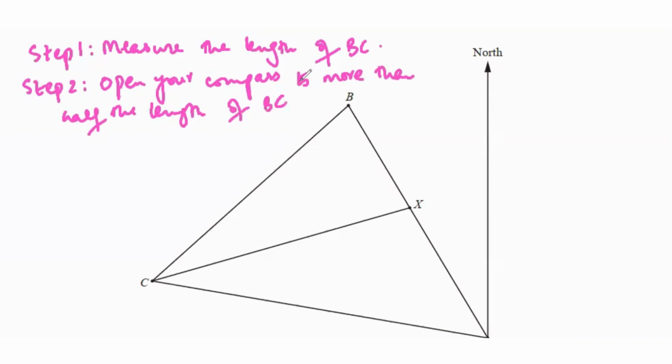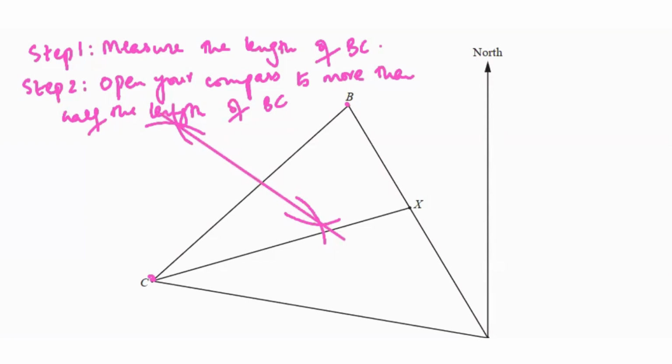So let's say if BC was 8 centimeters, then you will open your compass to like 4.5 or 5 centimeters. Once you've done that, you will put your compass at point C and draw an arc above and below the line BC. And then you will repeat the same steps for point B and you will draw an arc above and below the line. So the intersection of these two arcs would basically give us the perpendicular bisector.